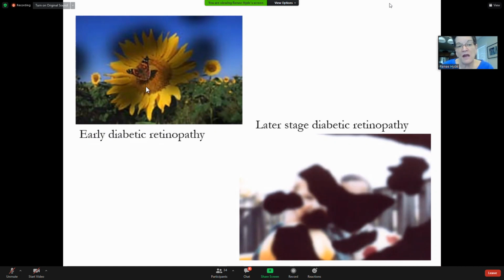But with diabetic retinopathy, you can see these splotches here, or the black spots. That's where the vision loss is. This is early with the flower. These children's faces is much later. And you can see that the vision basically is gone behind these spots.